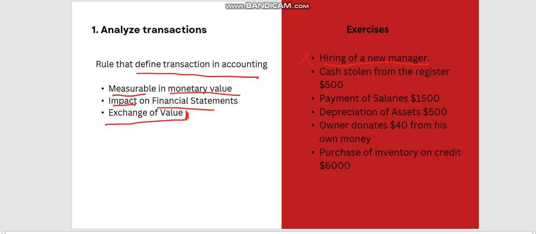No. This is not a transaction. Cash stolen from the register, 500 US dollars. Measurable in monetary value? Yes. Impact on financial statements? Yes, on the financial statements, and there is an exchange of value. Yes, it's a transaction.